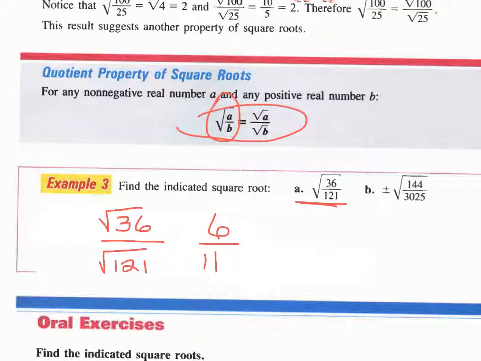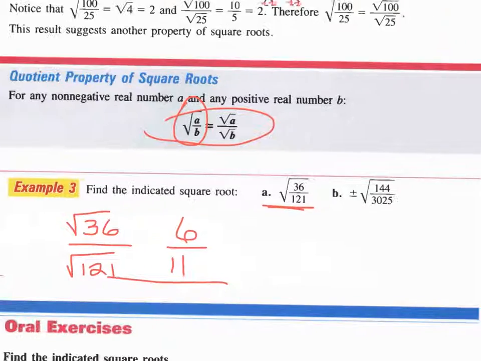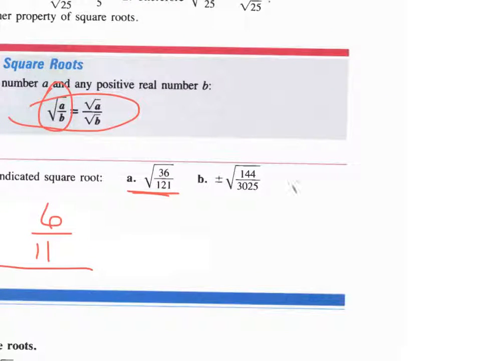I can do the same thing on part B. I can actually simplify this and do 144 separately, and then the 3,025. Now, 144, everybody should probably remember that 12 times 12 is 144, so that's a perfect square.